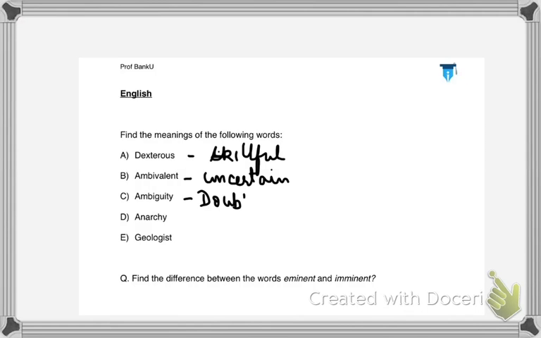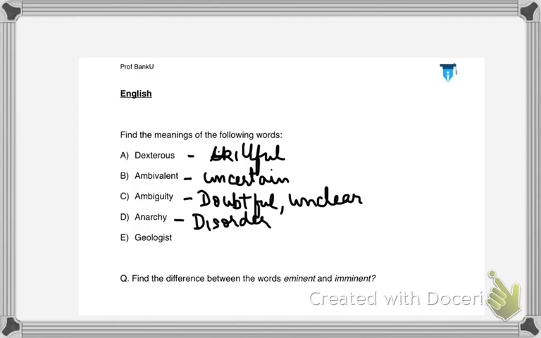Ambiguity means doubtful or unclear. For example, I say "खाना खाते हैं" and you say "देख लो". This "dekh lo" doesn't define whether you want to eat or you don't want to eat. So this is ambiguity, that is doubtful or unclear.